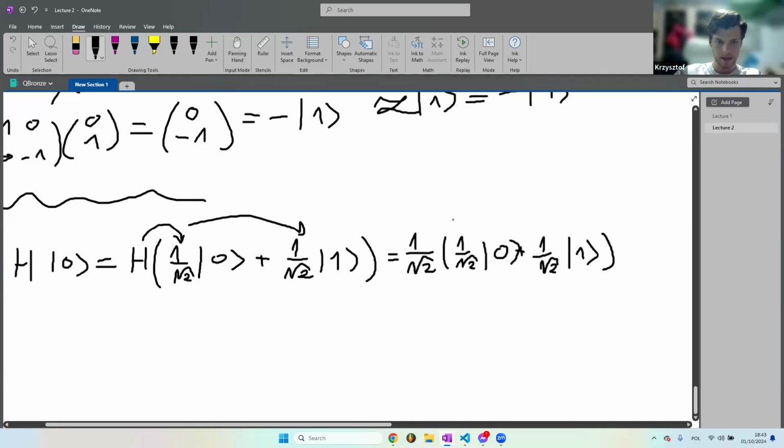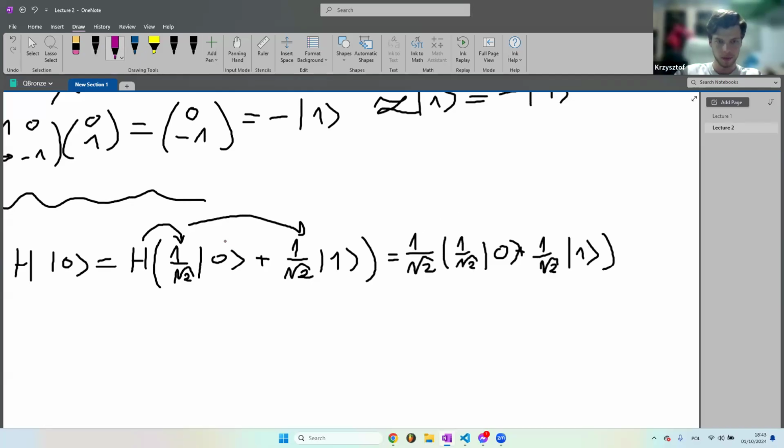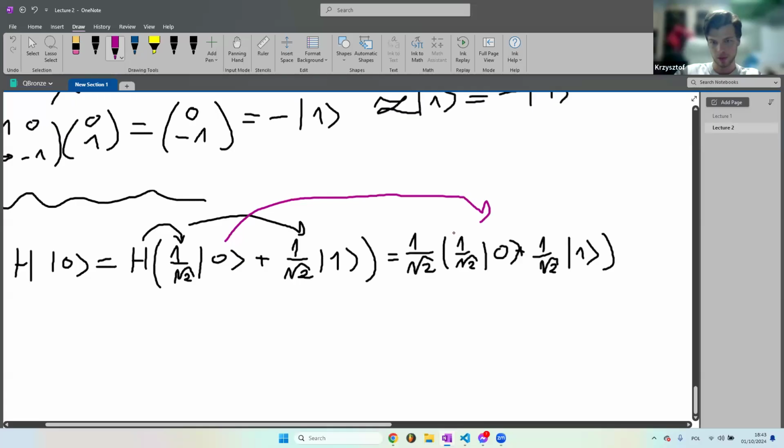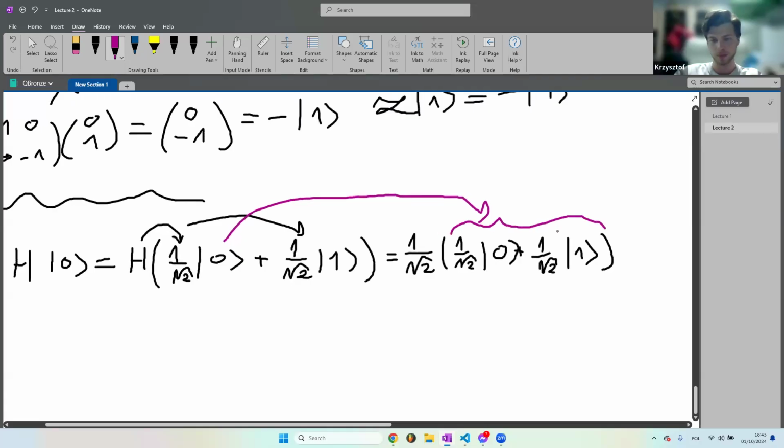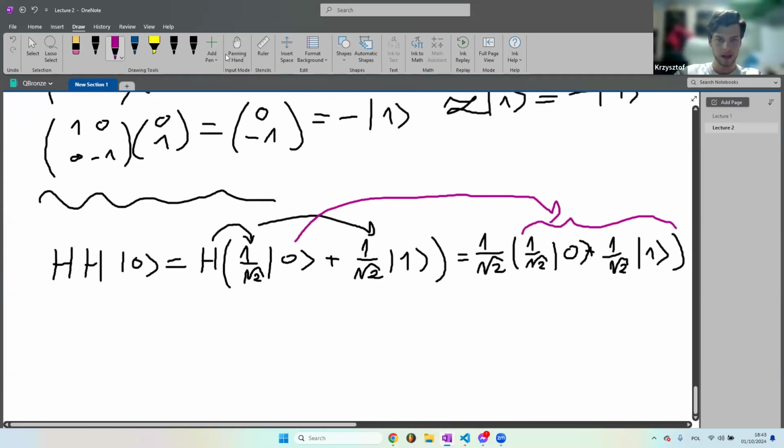And this is our state 0 from before. So this state 0 gets transformed to this value right here. And our second state gets transformed to the expression 1 over the square root of 2, also |0⟩, but now we need to introduce the minus sign.